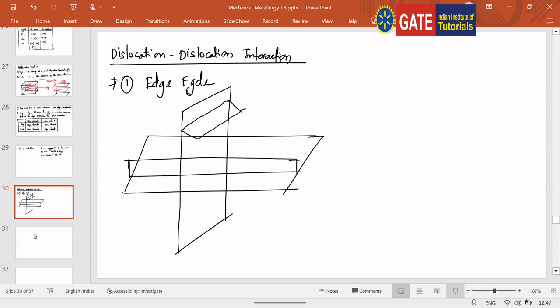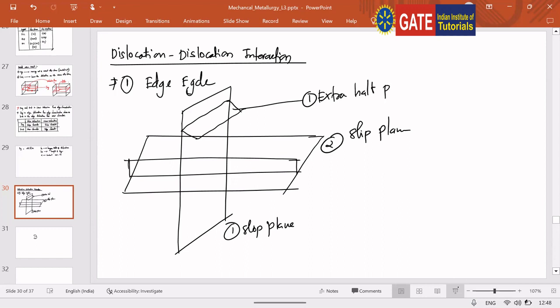Try to understand the situation. This is one slip plane. This is the second slip plane. This is the first extra half plane. And imagine it is moving in a downward direction.